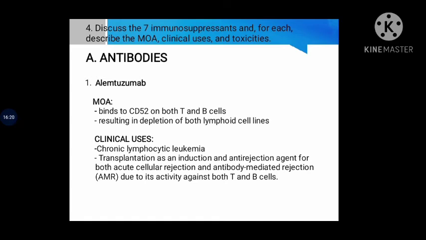So the clinical uses of alemtuzumab is it is approved for the treatment of chronic lymphocytic leukemia, but has been used in transplantation as an induction and anti-rejection agent for both acute cellular rejection and antibody-mediated rejection, due to its activity against both T and B cells.